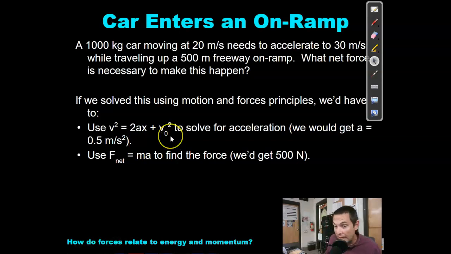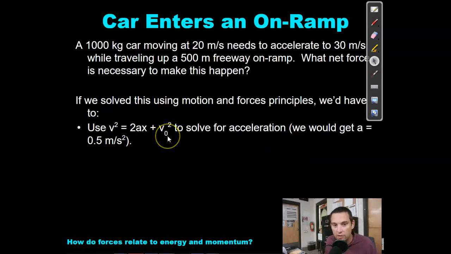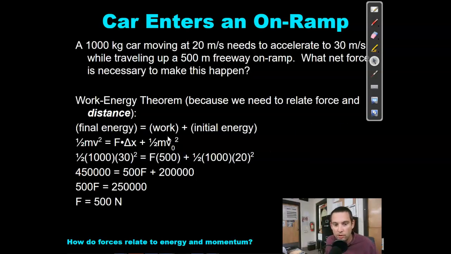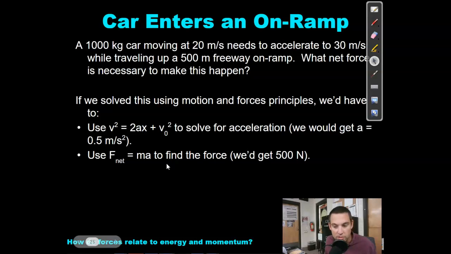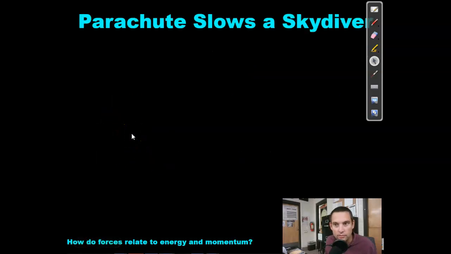So really you can do it any way. Physics still works regardless. But I feel like you are going to make fewer mistakes by using this work energy theorem, especially because this equation has squares and you're going to forget the squares.